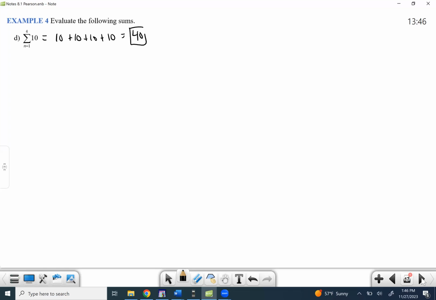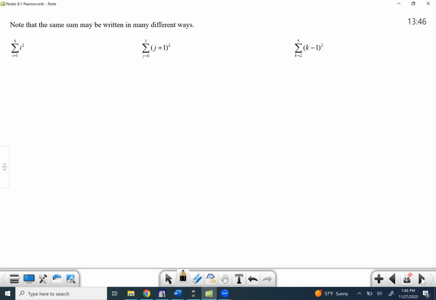So the way that we write these is not unique. And right here, what I have for you is a sum that is the exact same sum, but written 3 completely different ways, okay? So like just to check out this first one, we would substitute in a 1, a 2, a 3, a 4, and I'm just gonna stop there.